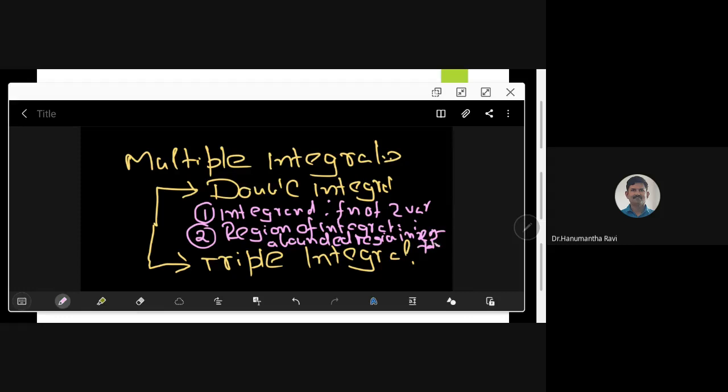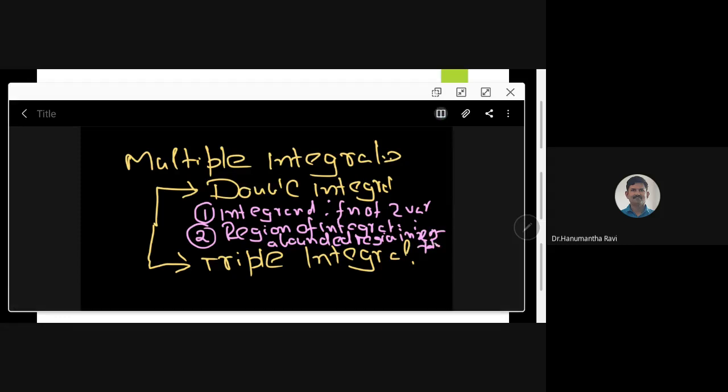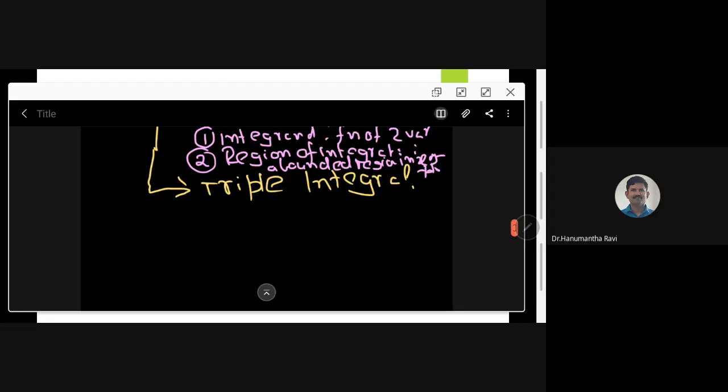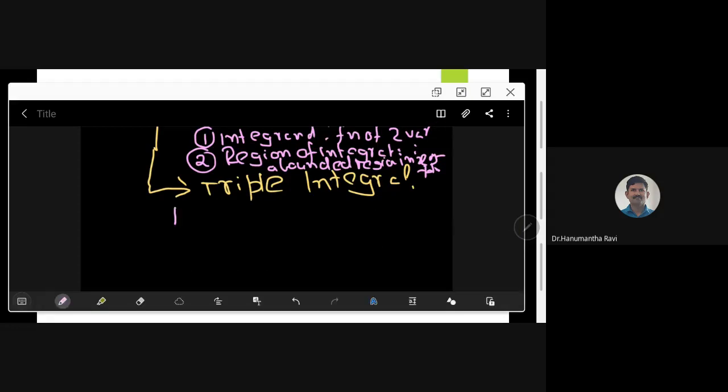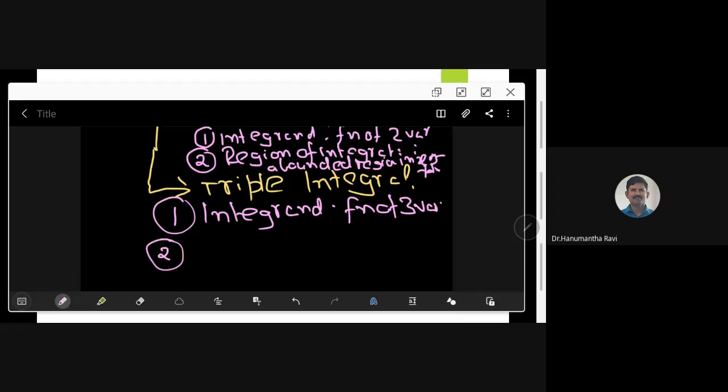When it comes to triple integrals, the integrand is a function of three variables, usually x, y, and z, and the integrating variables are x, y, and z.